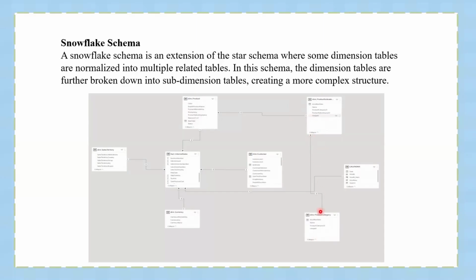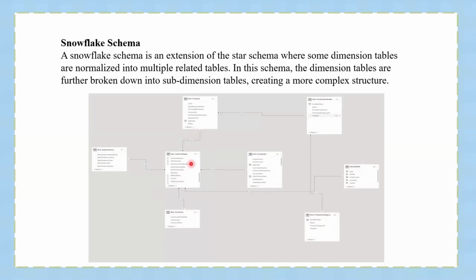If you look carefully, these two tables are related together here, and they are both related to your product table. They are not directly related to your fact table. So this is basically what your snowflake schema looks like. It is when you have some dimension tables that have been broken down into sub-dimension tables, and you have to relate those sub-dimension tables to your dimension table, while your actual dimension table is related to your fact table.